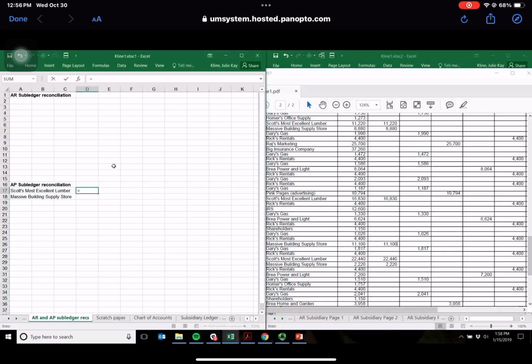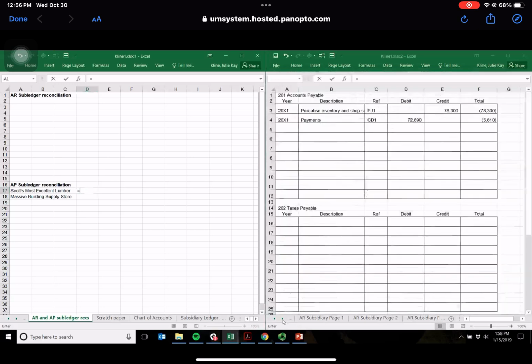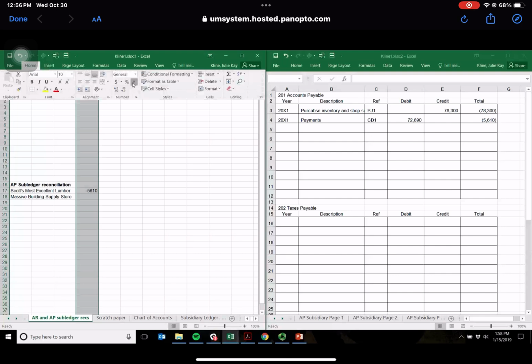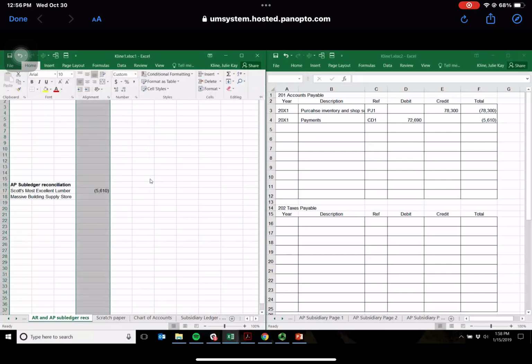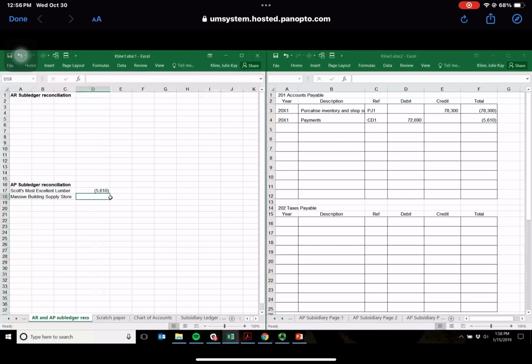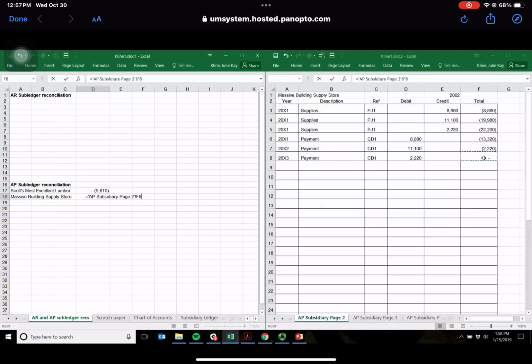Scott's ending balance, I can do it over here, in the subledger is 56. Now that came from me doing the purchases journal and the cash receipts journal, cash payments journal, cash disbursements journal. Then Massive is 0.